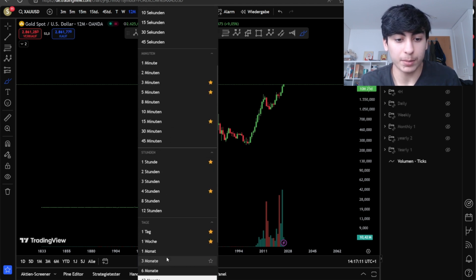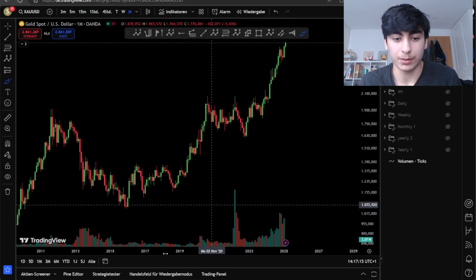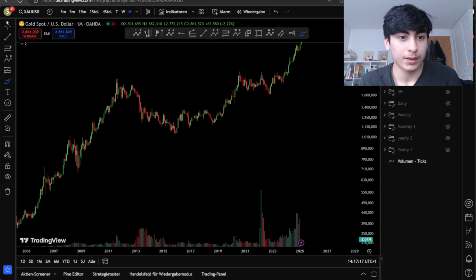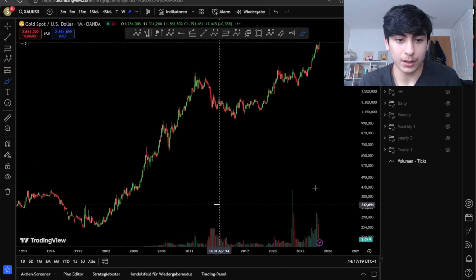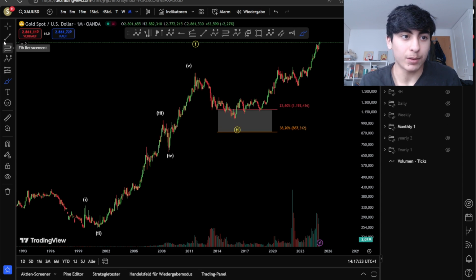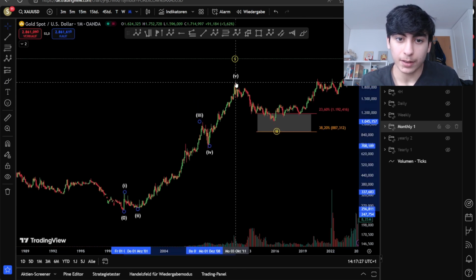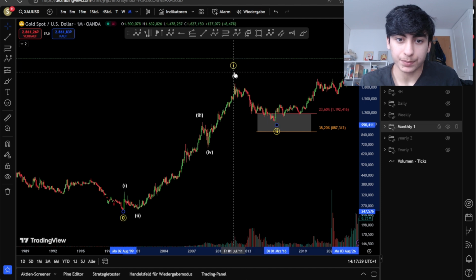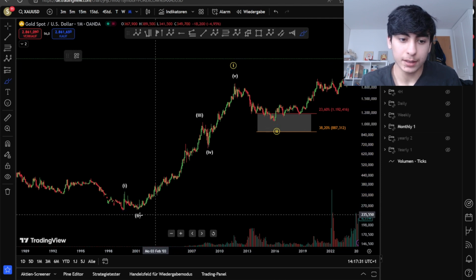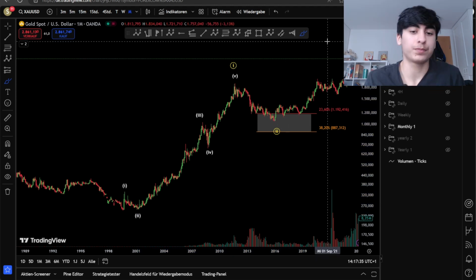So if I go here to the monthly time frame, let's take a look at what we have. Let me put this on. I have one scenario prepared for you here. This is where we count this as a wave 1, 2, and looking for wave 3 right now.